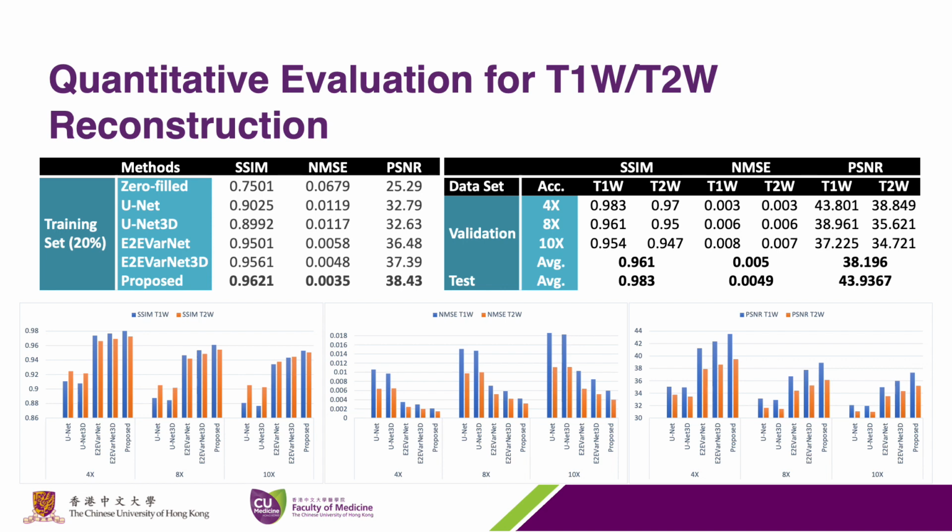Furthermore, our method also demonstrates robust generalization capabilities for unseen data in both validation and test sets, as reported in the top right table. These findings demonstrate the effectiveness of our proposed methods in achieving high-quality reconstructions for T1 and T2 weighted images, which can potentially benefit T1 and T2 mapping estimation.